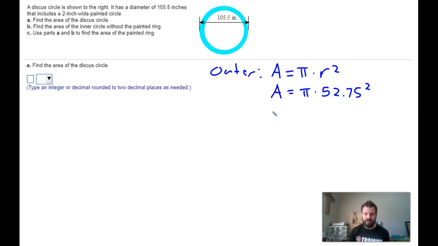And that's squared. All right, multiply that out. And I end up with, whoa, 8741.677, so we'll say 8741.68. I'm doing 2 decimal places because this said to round to 2 decimal places. There's my part A.